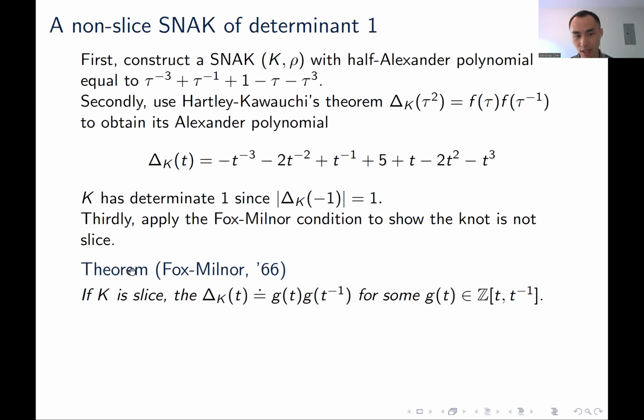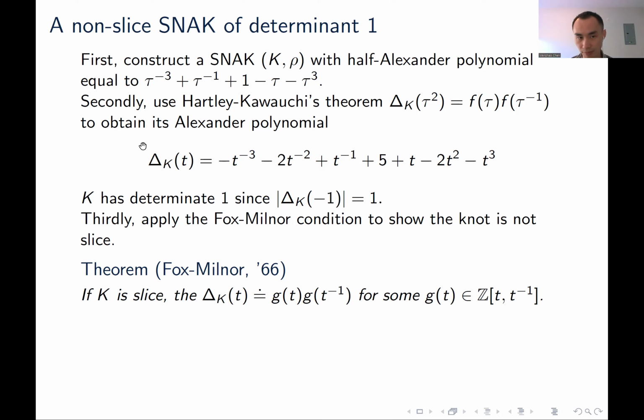Just recall that the Fox-Milnor condition says if a knot K is slice, then the Alexander polynomial will factor as g of t times g of t to the -1 for some integer coefficient polynomial. Basically, we just want these two properties.